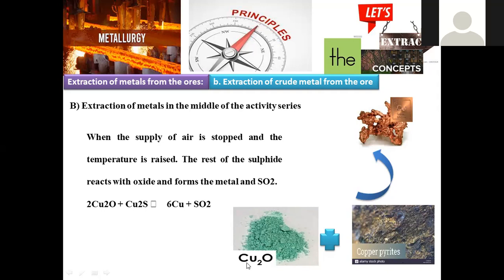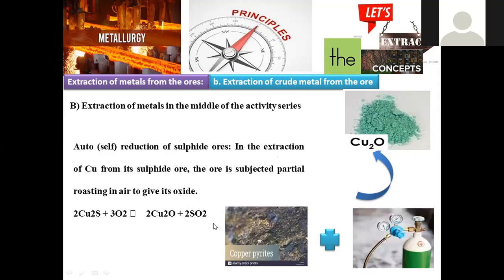Now what happens here? Itself it is an oxide, itself it is a sulfide. Both react in a spontaneous manner and generate copper metal, and the byproduct will be sulfur dioxide. For this purpose, we have two steps. Initially, we are taking pyrites. Open air reaction is possible. Pyrites sulfide is converted into oxide.